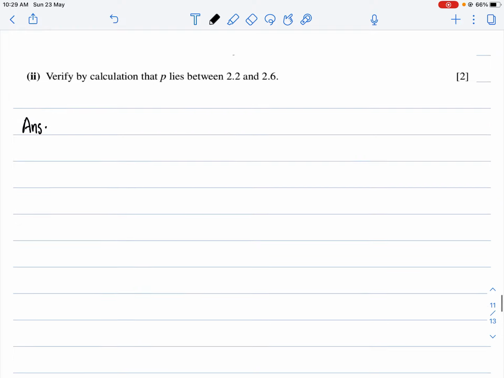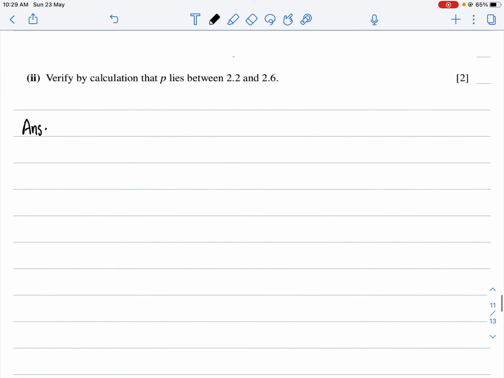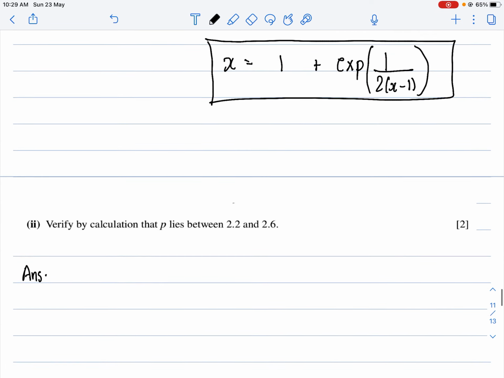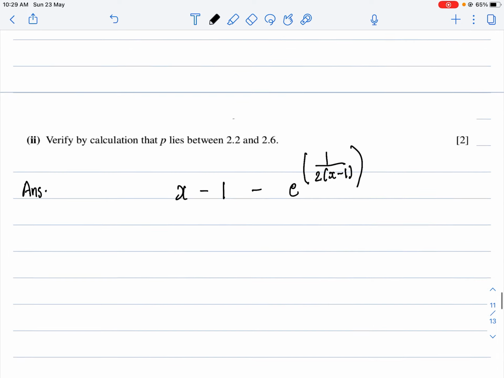Now the part 2, verify by calculation that p lies between 2.2 and 2.6. So first I can write this equation as x minus 1 minus e raised to 1 over 2 into x minus 1, equal to 0, but you don't need to write it for now.